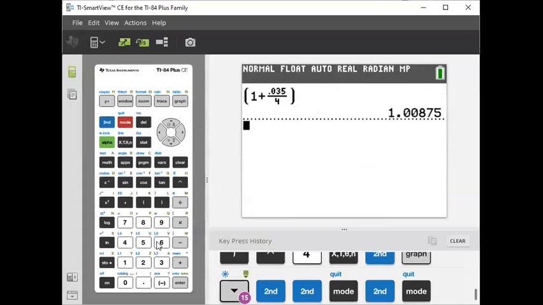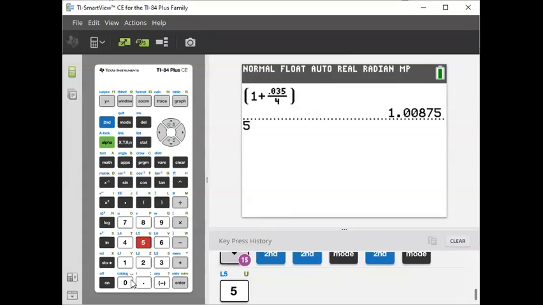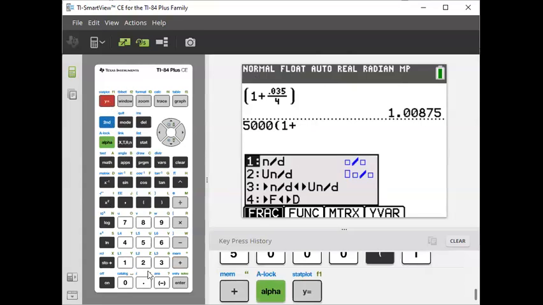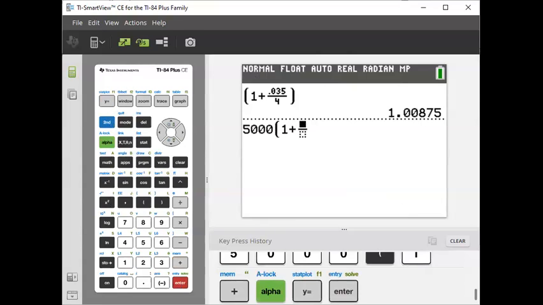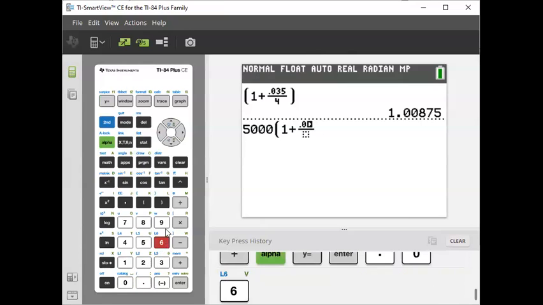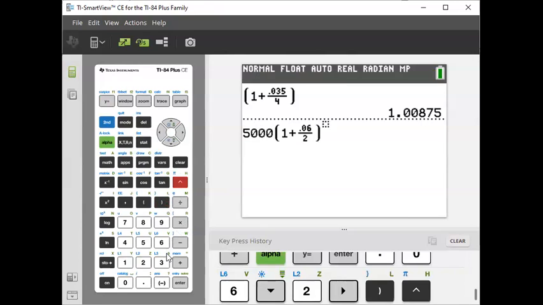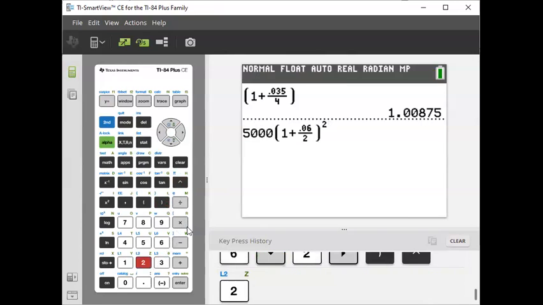We started out with $5,000, parentheses, 1 plus, and I could get my fraction, and she's getting 6% interest. It happens twice a year. And we can raise that to twice a year times the number of years that went by, the 8.